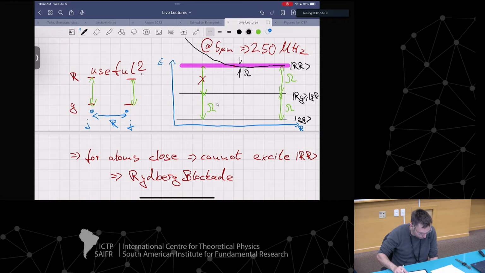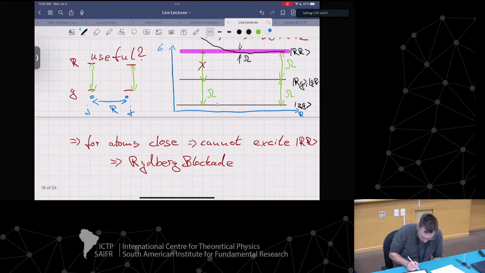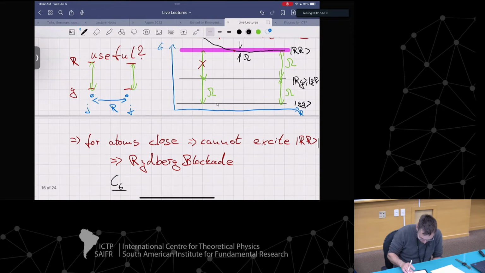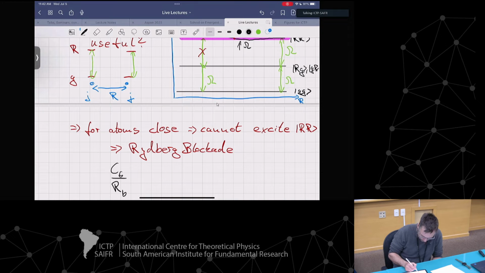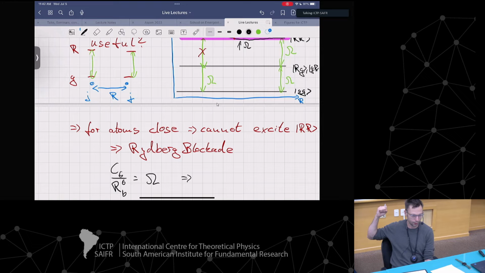So the condition for Rydberg blockade is that the energy shift, that is, C6 over this special distance, the Rydberg blockade radius to the 6th power, equals omega. This is how you can calculate this Rydberg blockade radius. And actually, this Rydberg blockade radius depends on how fast you drive. If you drive with, I don't know, gigahertz, then you better be detuned more than a gigahertz. This is what this says. So you calculate the Rydberg blockade radius just as the 6th root of C6 over omega.